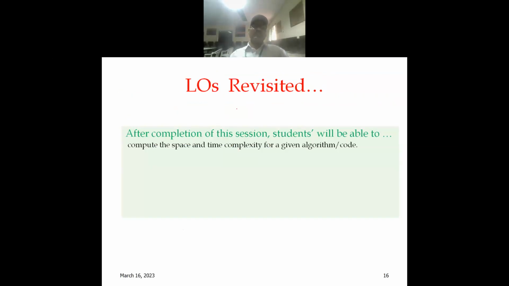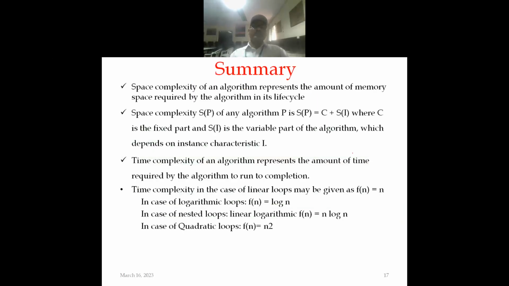So the lecture outcomes are revisited here. After completion of this session, students will be able to compute the space and time complexity for a given algorithm or code. Fine. So the summary of the session is that the space complexity of an algorithm represents the amount of main memory that is required. Some part is constant, a fixed part will be there, and some variable part will be there. The combination of that gives the space complexity, how much memory it takes, and it depends upon the data types.